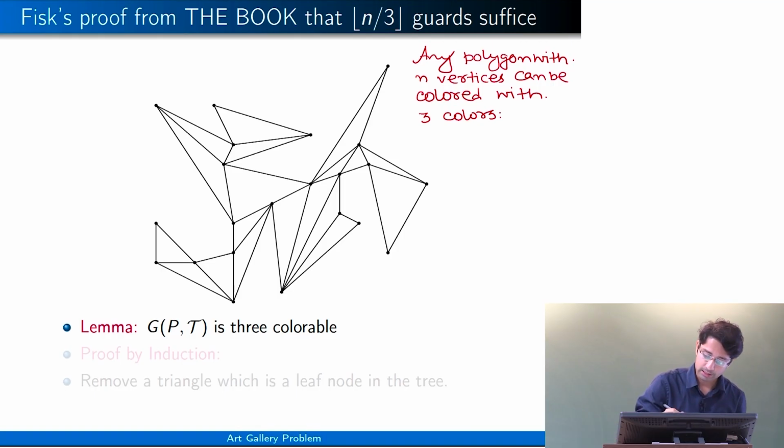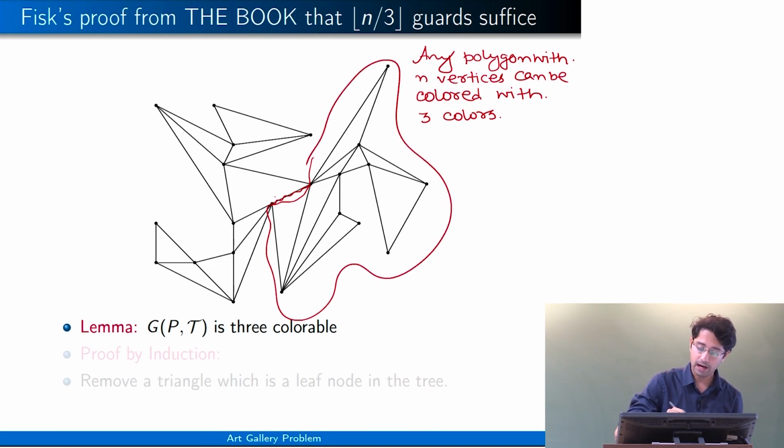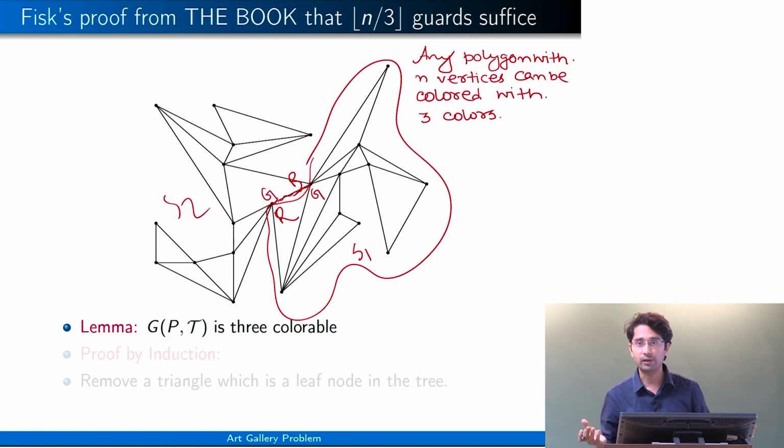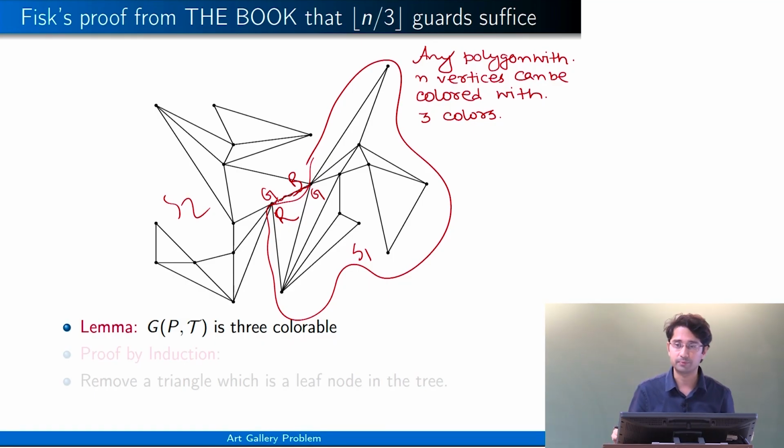You see my point? Suppose I remove this and find the coloring of this side and the coloring of the other side. This side S1 is colored with red and green, and the S2 side is colored with green and blue. That will conflict when I merge.